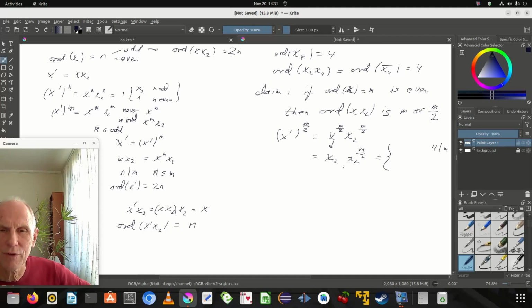Then this is even, so this is chi 2. And when 4 fails to divide m, then this is odd, so we get chi 2 to an even number, that gives unity. So now we have the condition. And it turned out to be exactly as I said.